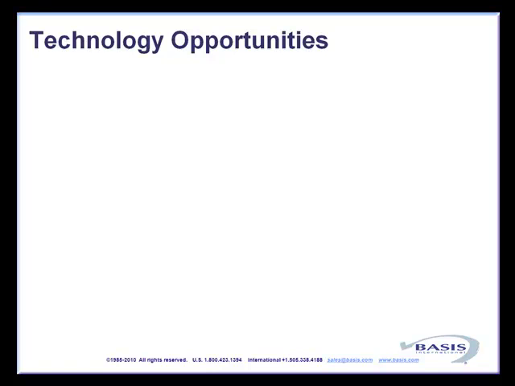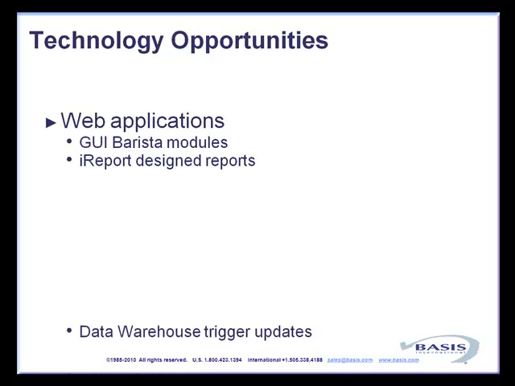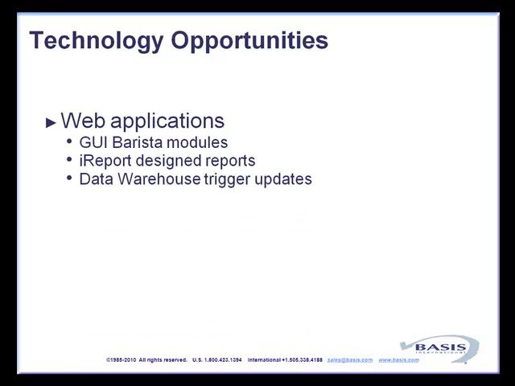So what did that open up for us? Why did we make this transition? Well, the opportunities are there for us to take advantage of the new technology. Deploying web applications, our GUI Barista modules are now available. iReport designed reports can be integrated into the solution. We can utilize functionality like data warehouse, using triggers to update a data warehouse.